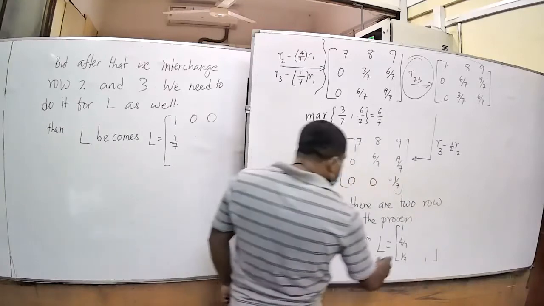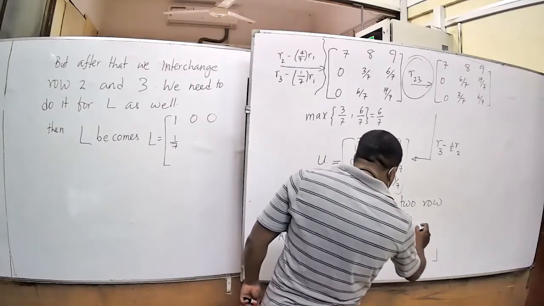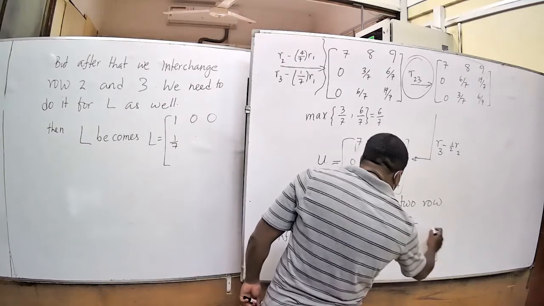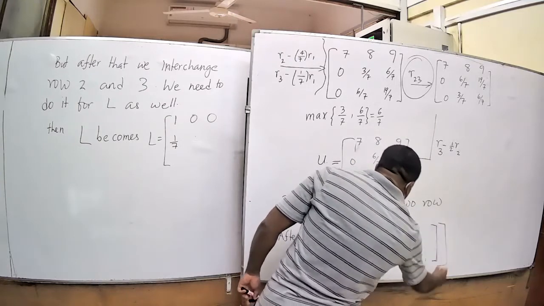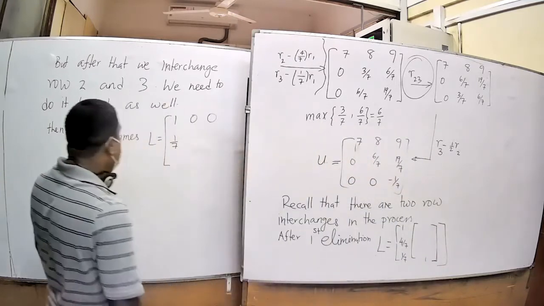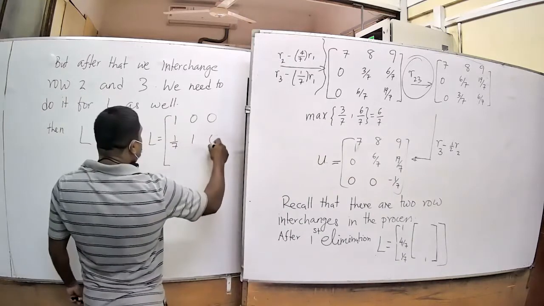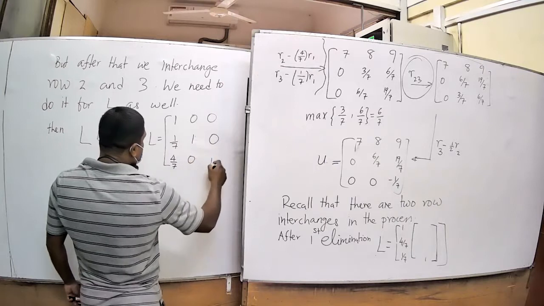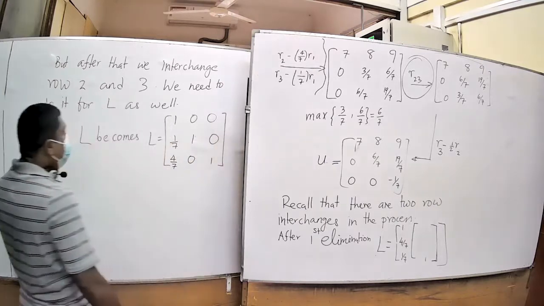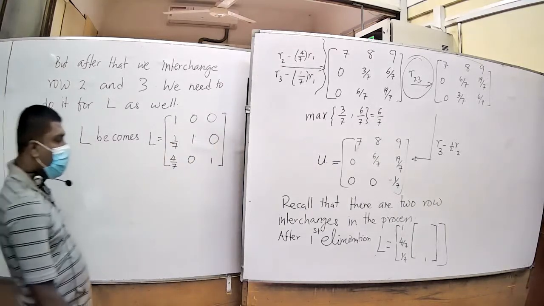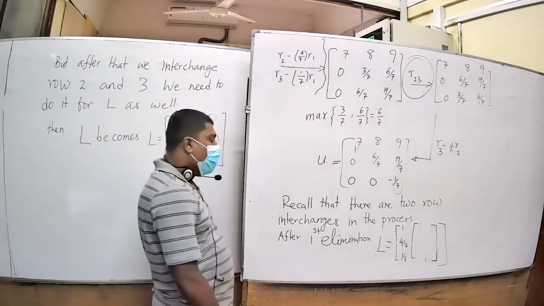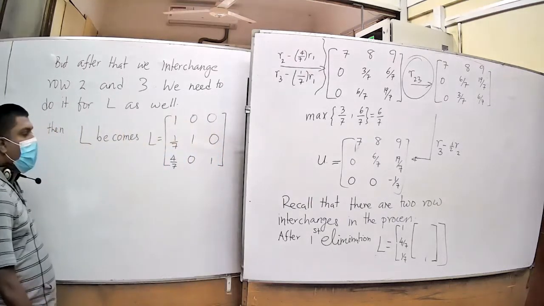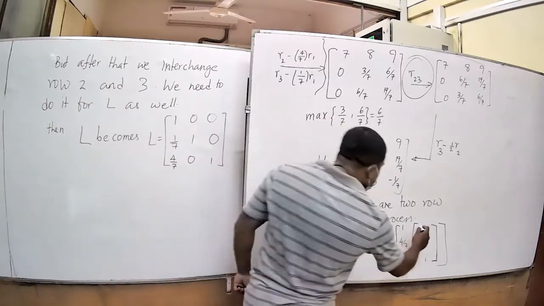After the first elimination, L is this, and then this part is a matrix, so you don't need to worry about that part. Then L becomes like this. This part does not change.